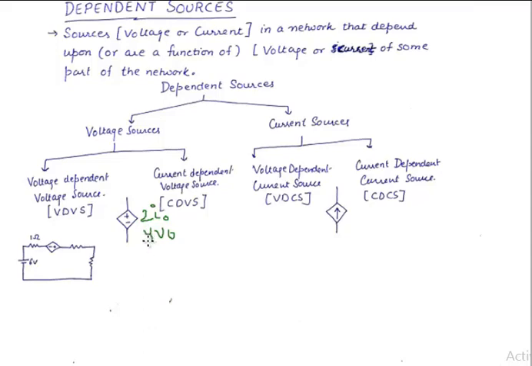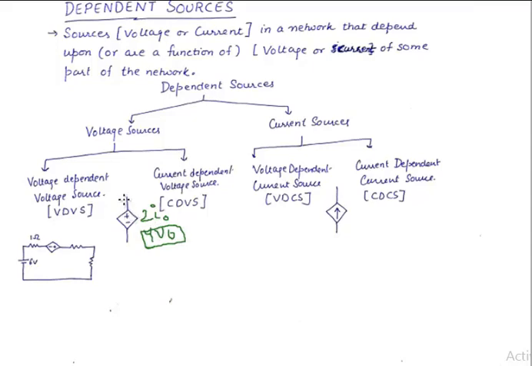And on the other hand, this voltage dependent voltage source will say that it is a voltage source with some voltage whose magnitude is 4 times the voltage V0, which will be present in the network, of course, itself.